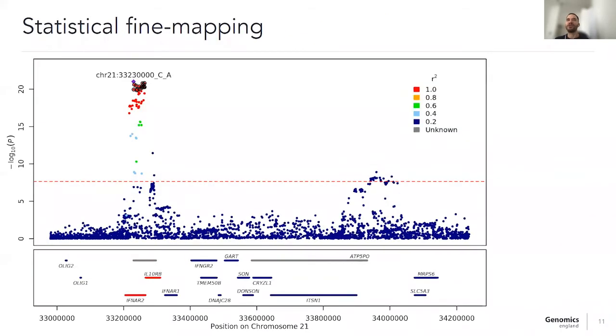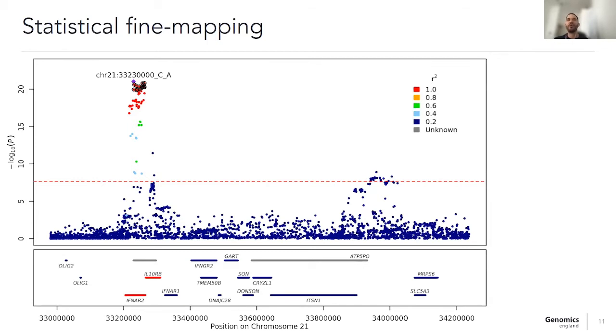Then when I talked about fine mapping, statistical fine mapping in the beginning, what we did after finding all these loci, and as you can see here, is that we zoomed into the loci, the significant signals that we found. As you can see here, it's a locus on chromosome 21.